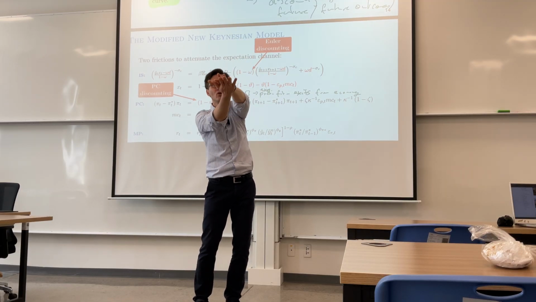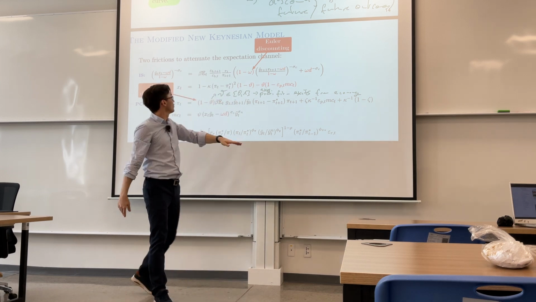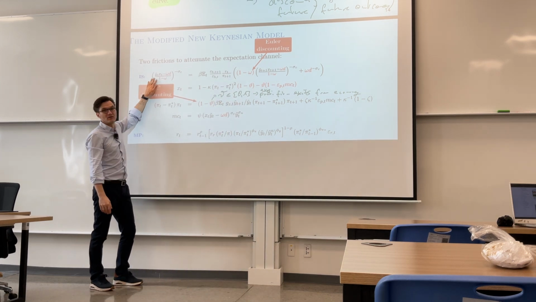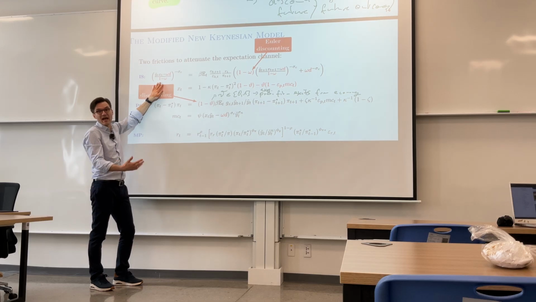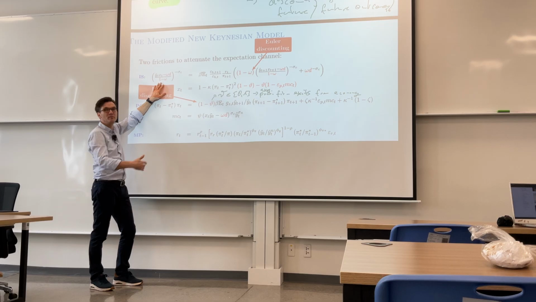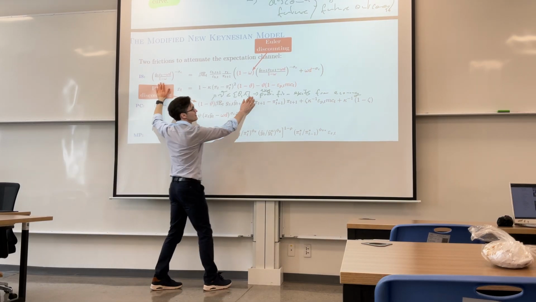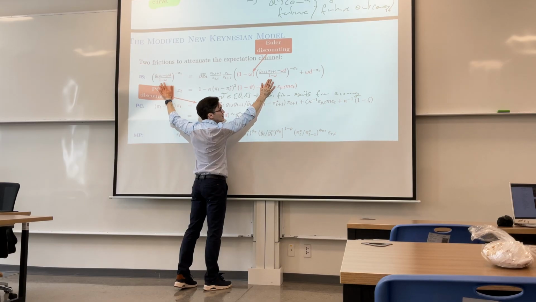If you add those Euler equations up, you get this expression on the left-hand side here. You think about this aggregate consumption as the weighted sum of poor people and rich people consumption. And likewise, this is that weighted sum of consumption in period t plus 1.